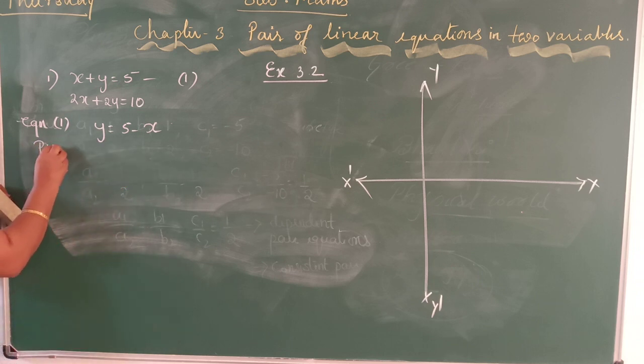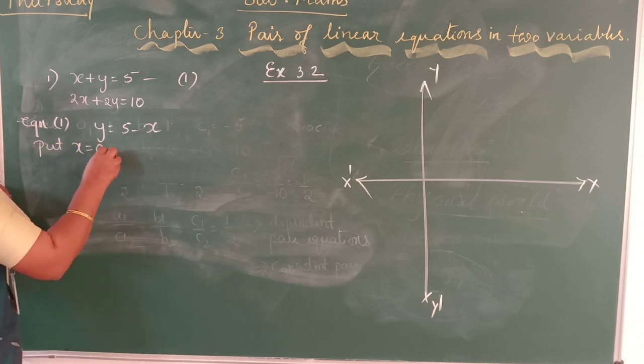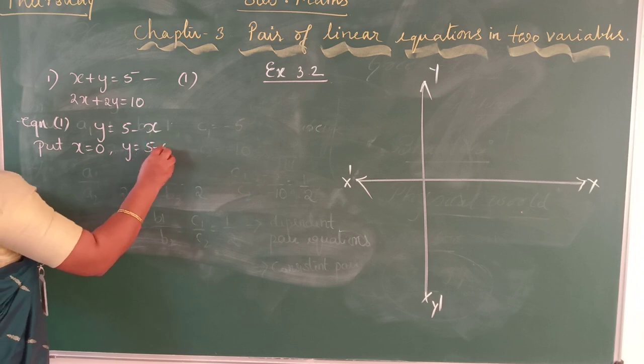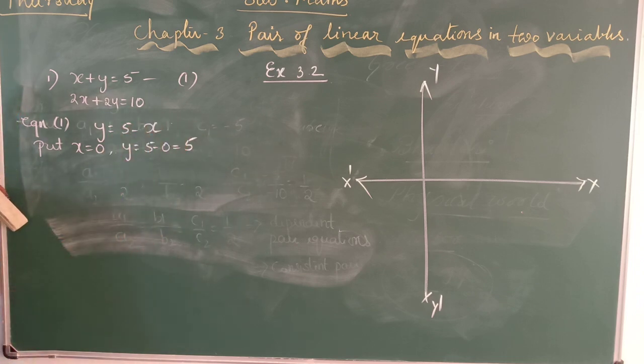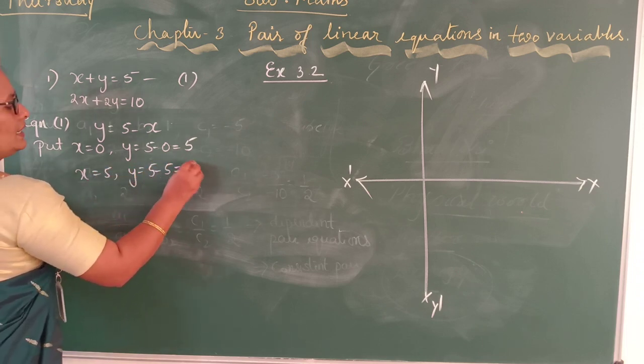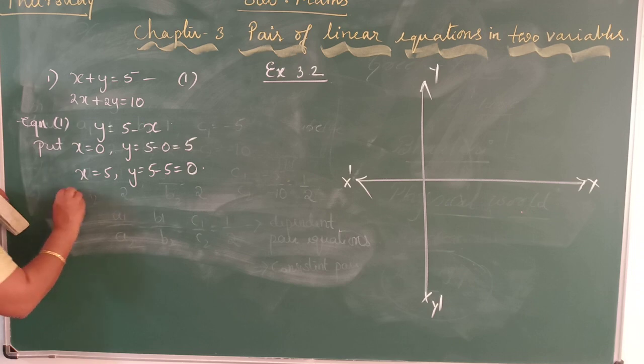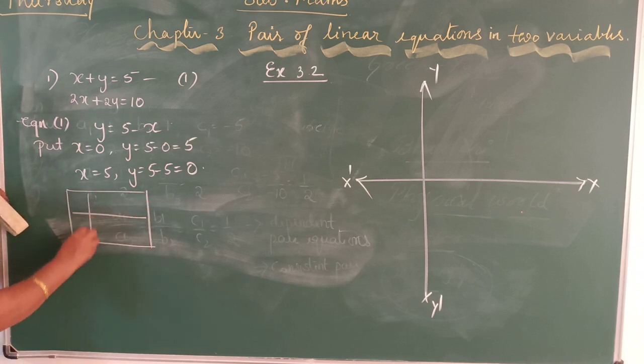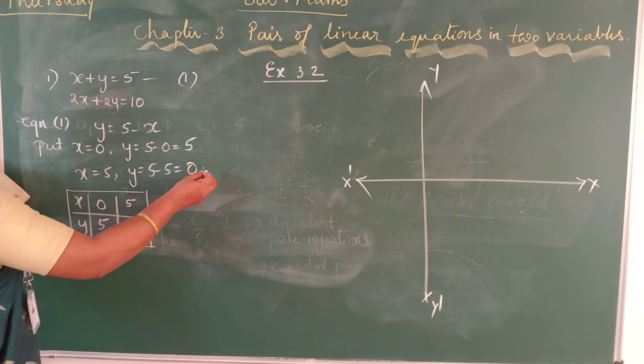Put x as 0, then y equals 5 minus 0, which is 5. If you take x as 5, then y is 5 minus 5, which is 0. So, the two coordinates for this equation are: when x is 0, y is 5, and when x is 5, y is 0.